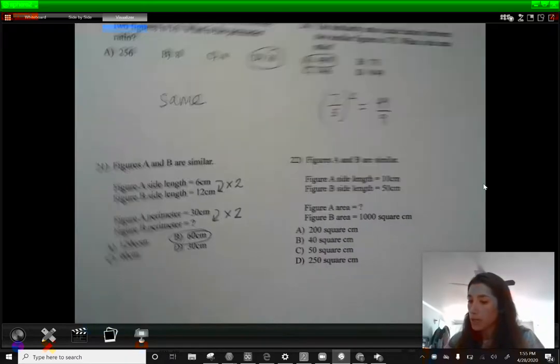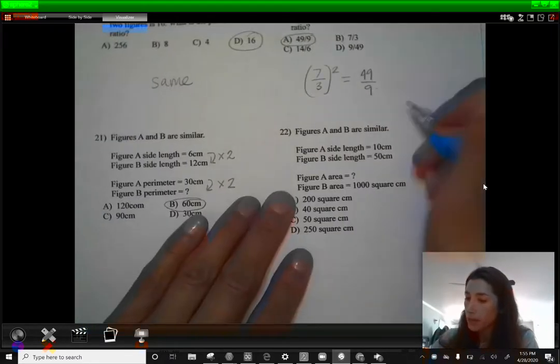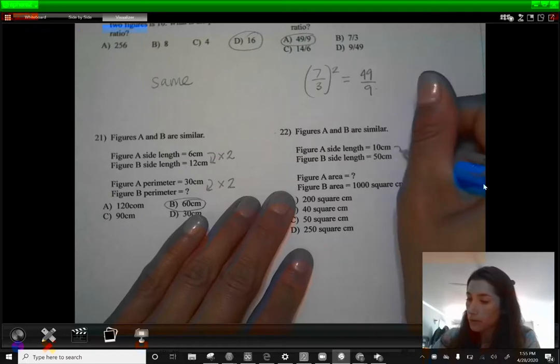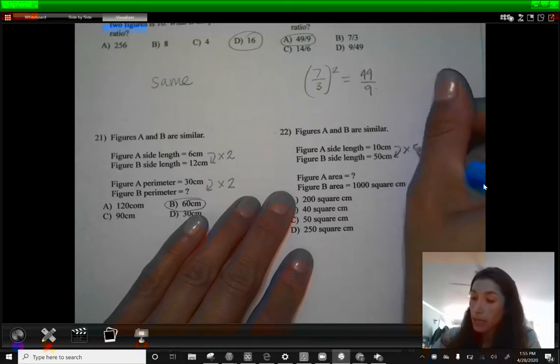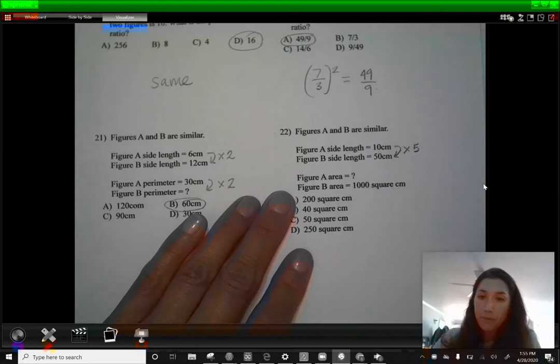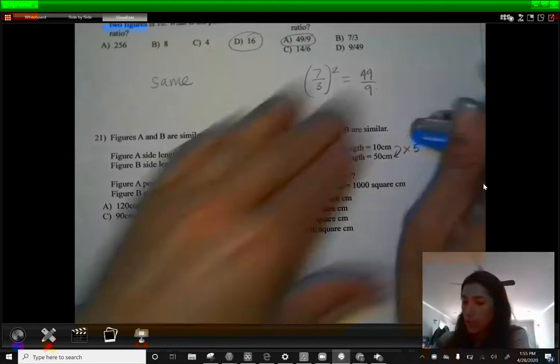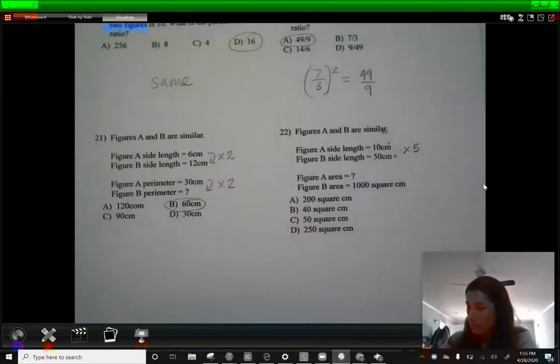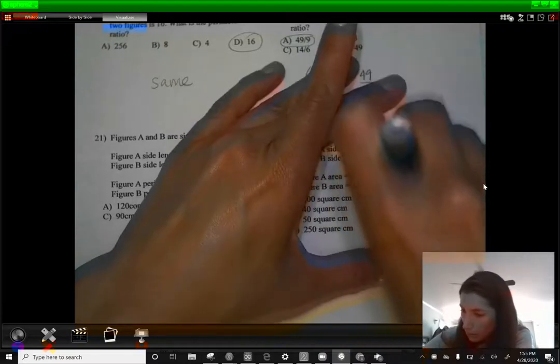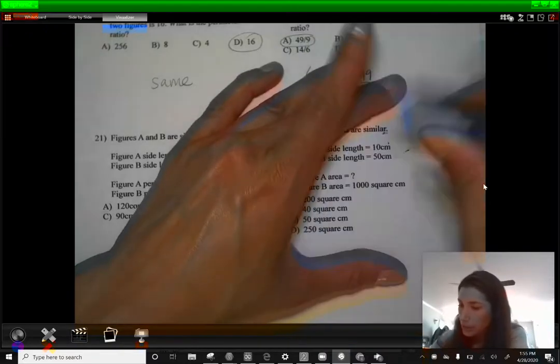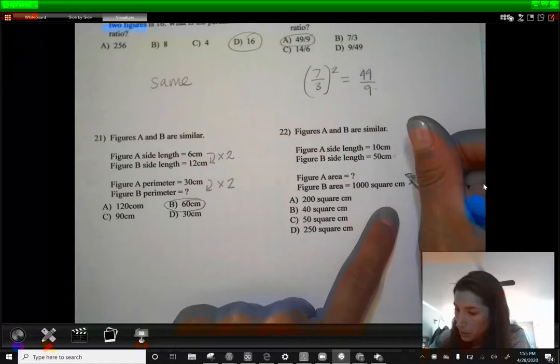And then our very last question here, we've got our side length, 10 going to 50. Well, we're multiplying by 5 here. Okay, and actually I'm going to go backwards in that direction. Might be a little easier because it looks like this one we're going to have to go backwards as well.